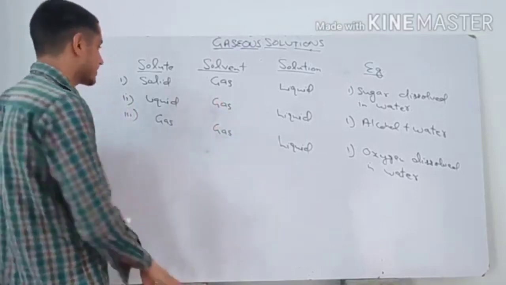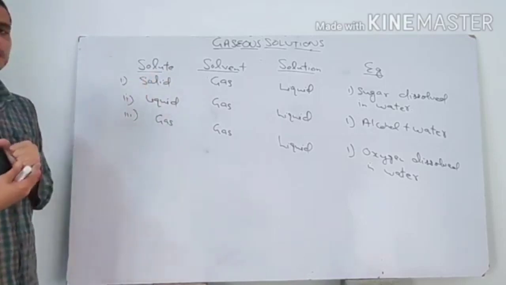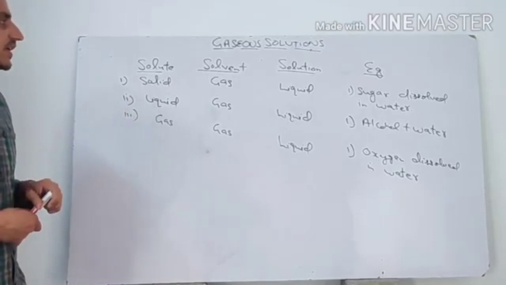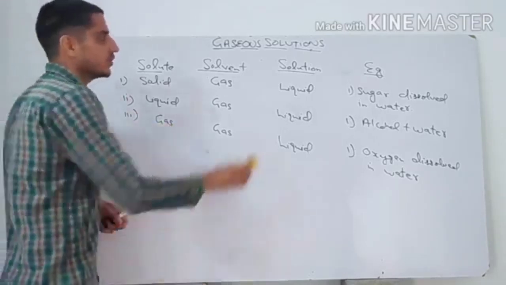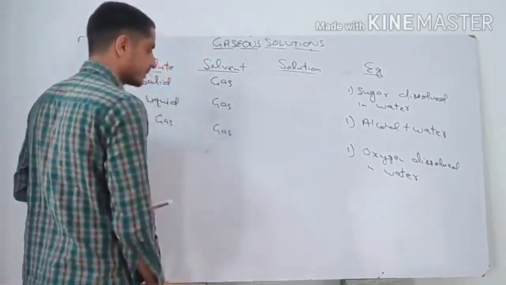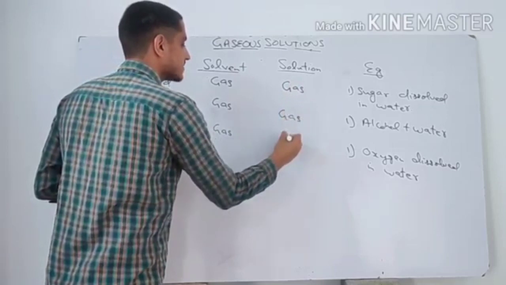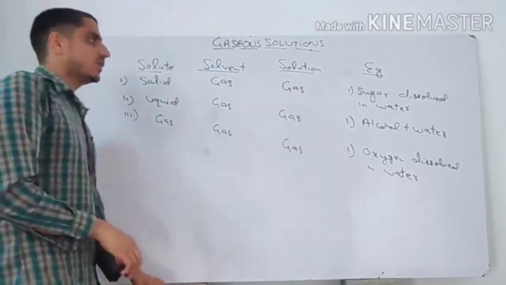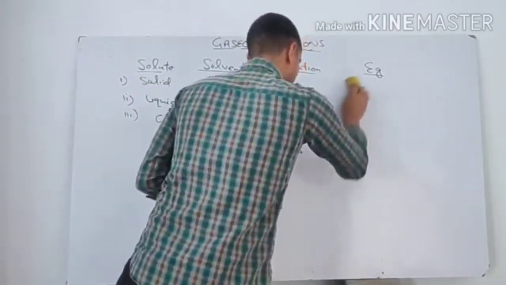And solute can be solid also, liquid also, and gas also. Since the solution takes up the phase of the solvent, the solution will be gas. So these are the gaseous solutions. Now we will understand them better by taking examples.